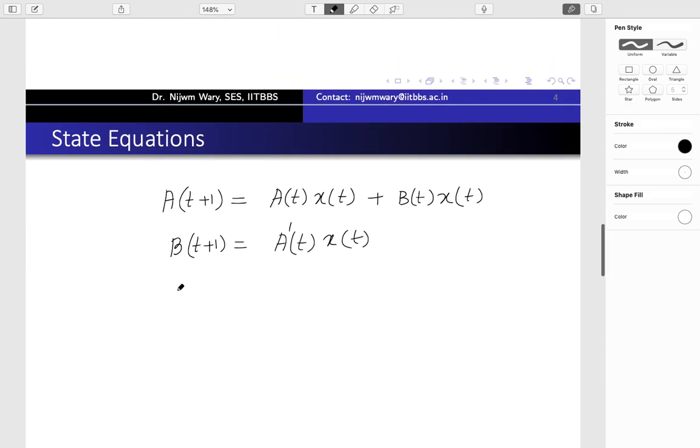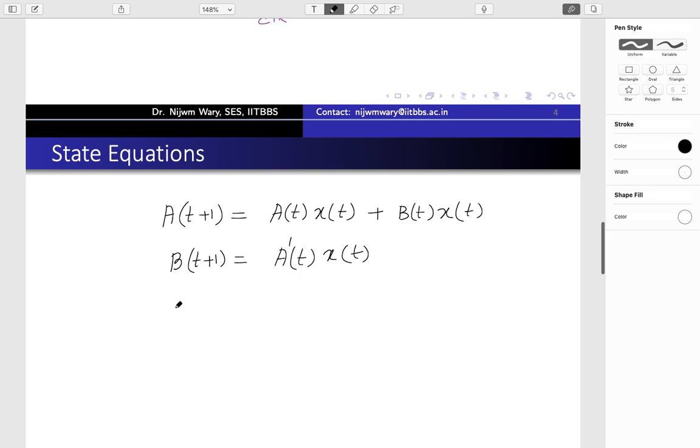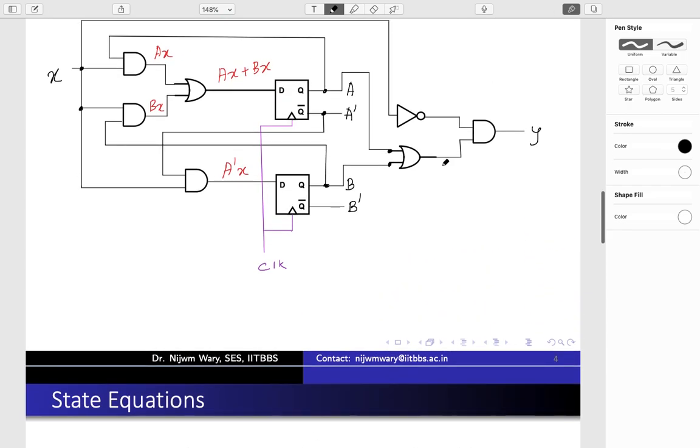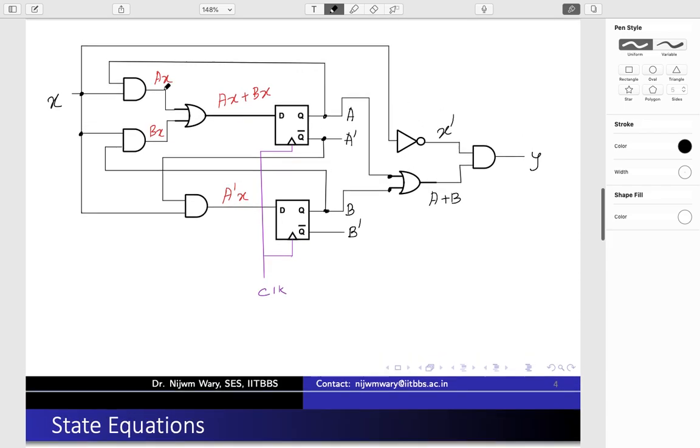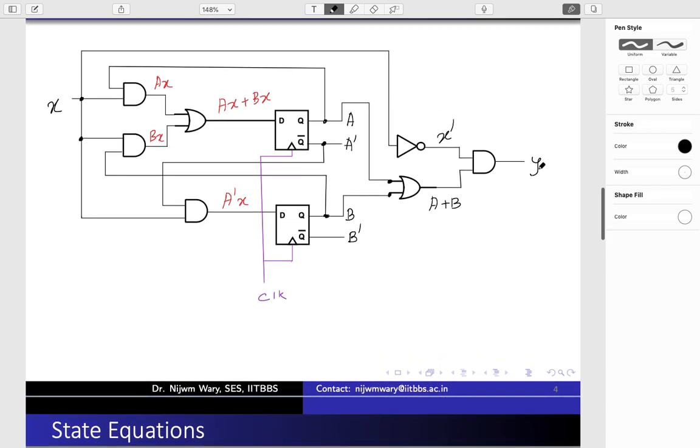So y(t) is nothing but A or B, and x complement. So y(t) is (A or B) and x complement.